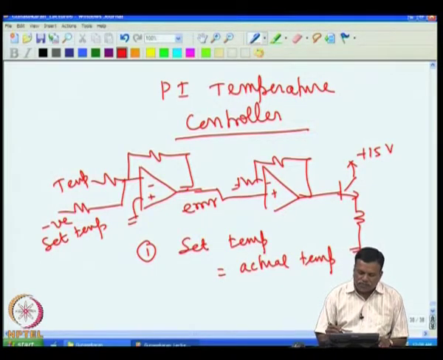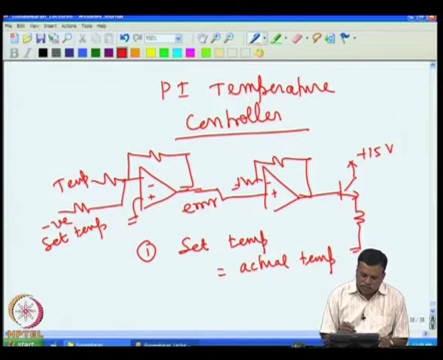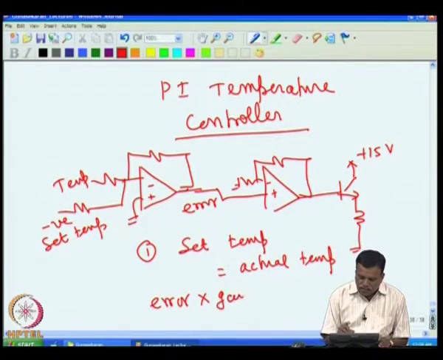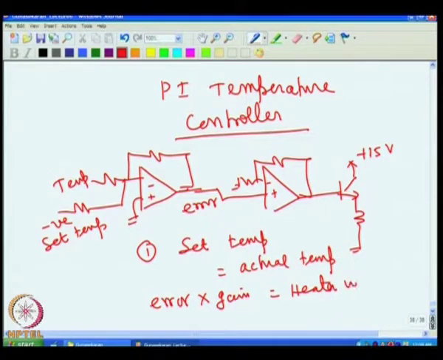The difference actually depends upon how much gain you had given. Essentially, the error into the gain is the heater voltage. Since we always need a heater voltage and the gain is not infinity, there is always an error.